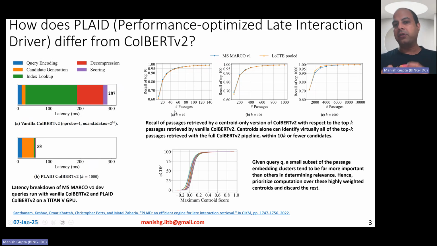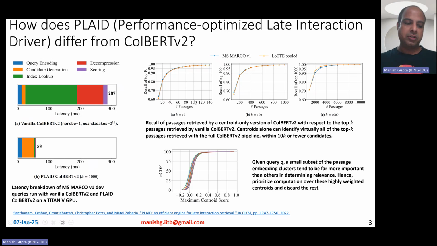So if you found the top 10 candidate passages using ColBERT V2, on the other hand, in PLAID, you're not generating candidates by doing decompression of the passage tokens. You're just matching with the centroid embeddings themselves. So if you do that, what is the probability that you will get ColBERT V2's top 10 in PLAID's top 100, for example?